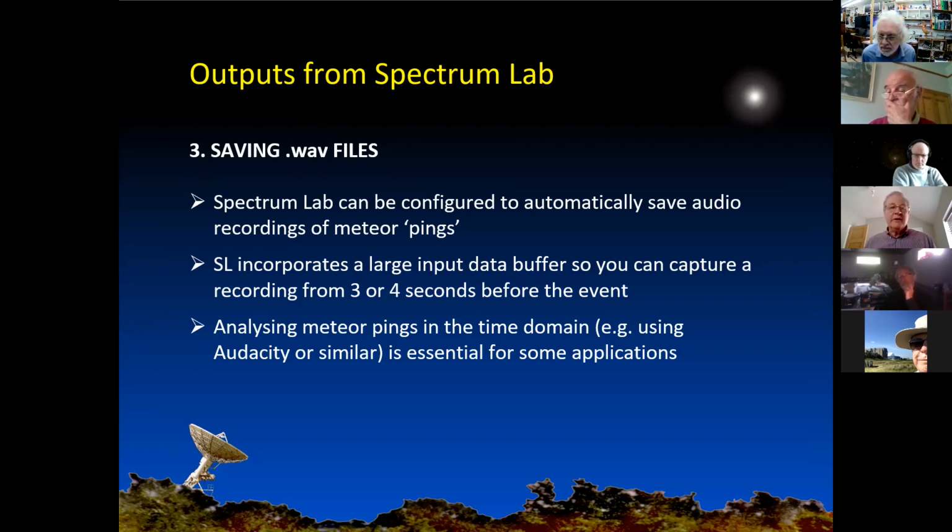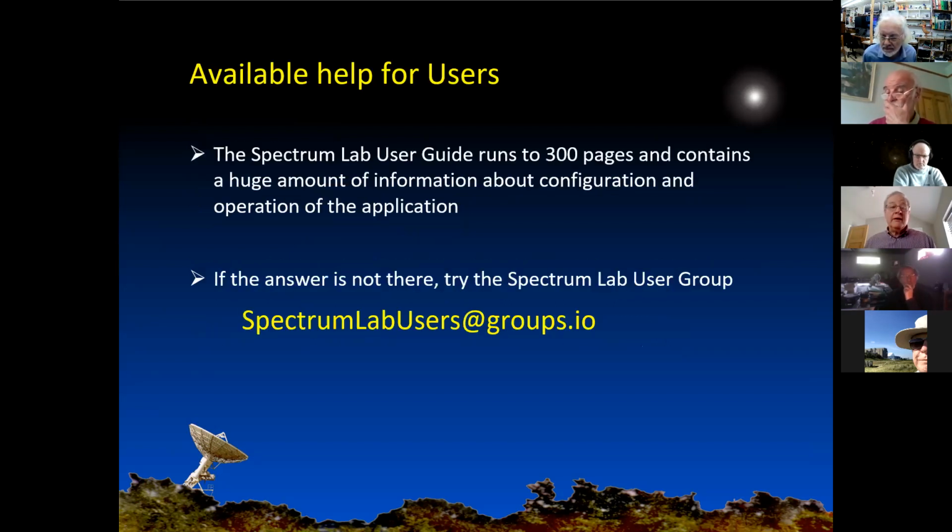I think, if I remember rightly, yes. So, as I say, the user guide runs to just under 300 pages and contains a huge amount of information. If you've got a question, if you've got a problem, look at the user guide first, because if you take the second step and the answer is in the user guide, then you're unlikely to get a response.